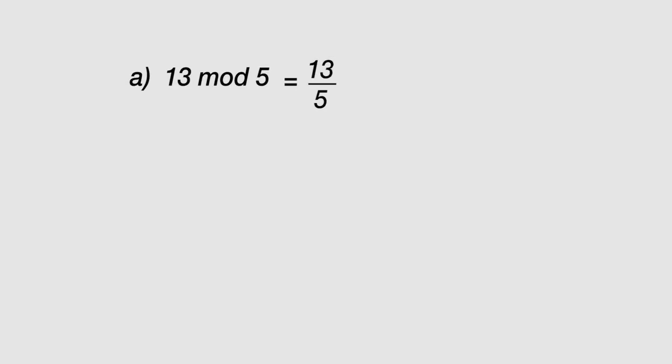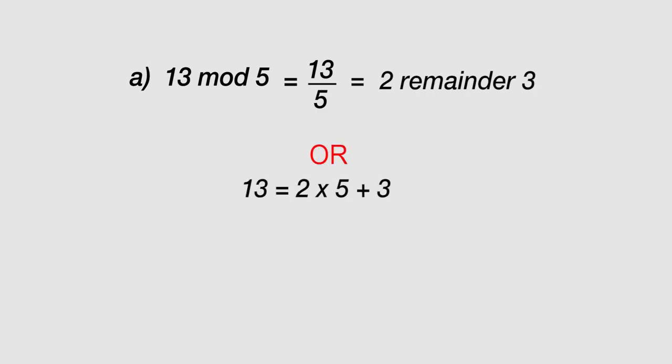That gives us 2 remainder 3. And so we say 13 is equal to 3 in mod 5. Another way of saying this is that 13 is equal to 2 times 5 plus 3. And therefore, 13 is equal to 3 in mod 5.